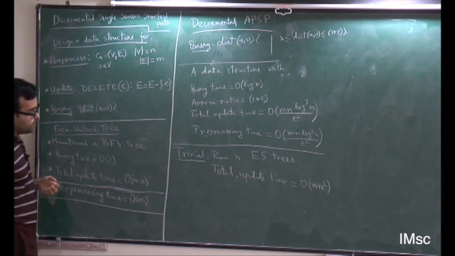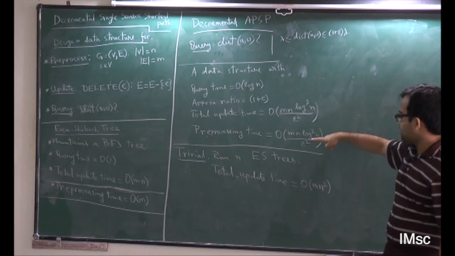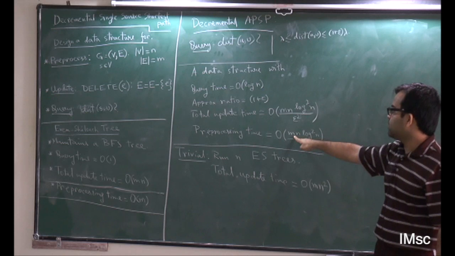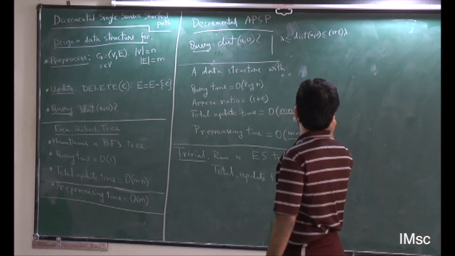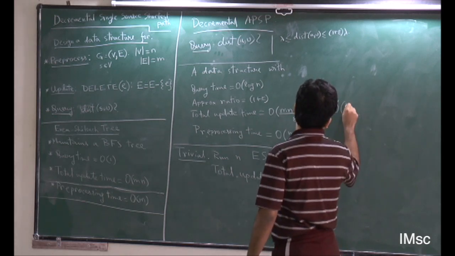The next observation is, note that this log square n or any polylog n term is much smaller than the polynomial terms here, mn. So, we will often use this notation. Are you familiar with this tilde notation, O tilde of mn?